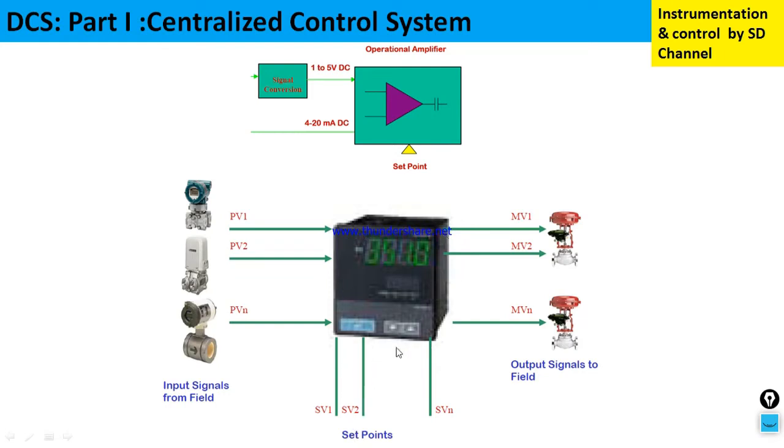You can think about that. This is a combination of several controllers, and it can give the output as MV1, MV2, MV3, MV4, that is manipulated values, depending on the capacity of the controller. So this is a multi-processor controller. Think like that. This is called the centralized control system.